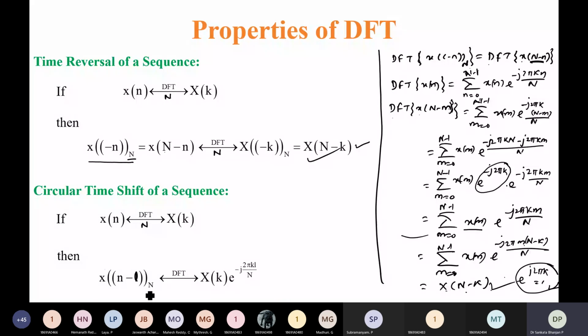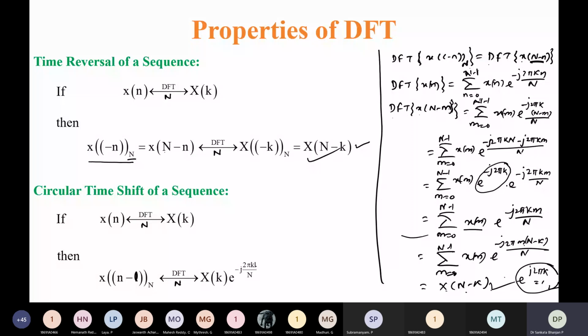What is its n point dft? Its n point dft is x of k into e to the power minus j 2 pi k l whole divided by n. This property is called the time shifting property of DFT. Here x of k into e to the minus j 2 pi k l whole divided by capital N. This is the circular time shift.